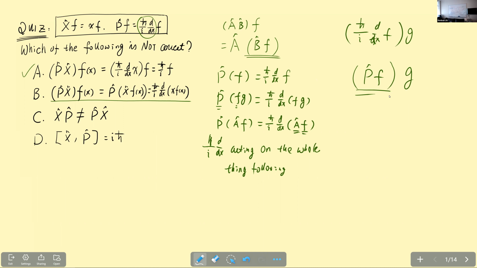That means you are acting this P only on this f function, and then multiplying this new function on the other function. So you need to be very careful. This one does not equal Pfg, because Pfg actually means P acting on this whole thing.